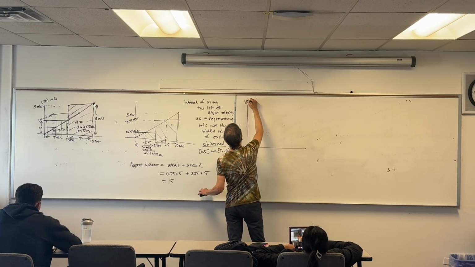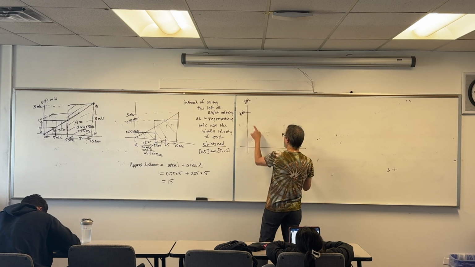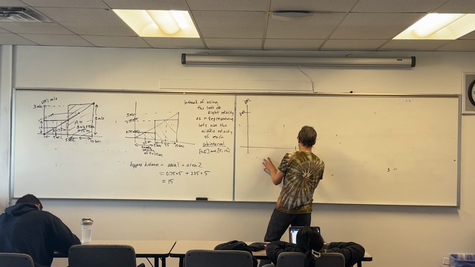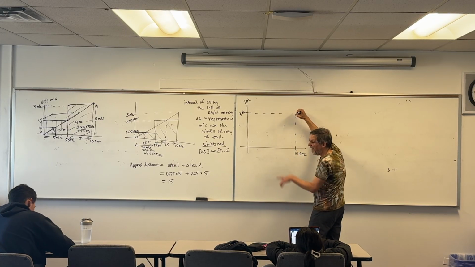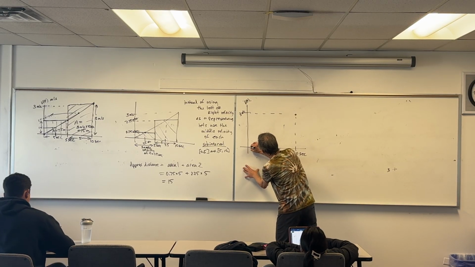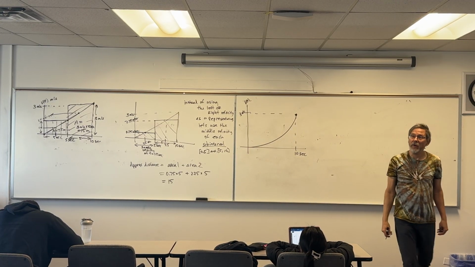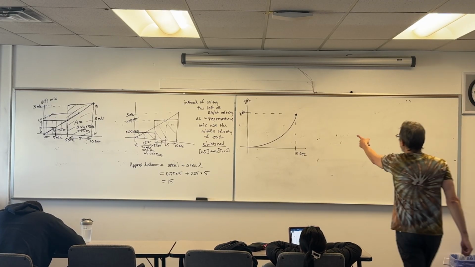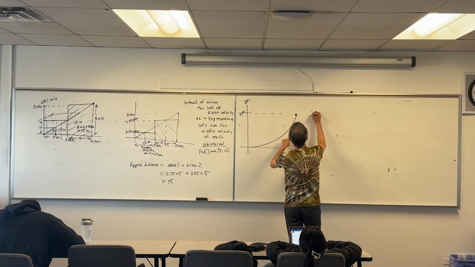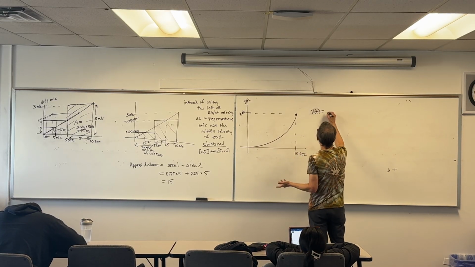So again, V of t will end at 3 meters per second. That'll be the final velocity. We'll run for 10 seconds. So get that little corner point, and then inside here, do your best to estimate a parabolic velocity curve. And let's get the exact formula for this. So this is V of t, is some multiple of t squared.